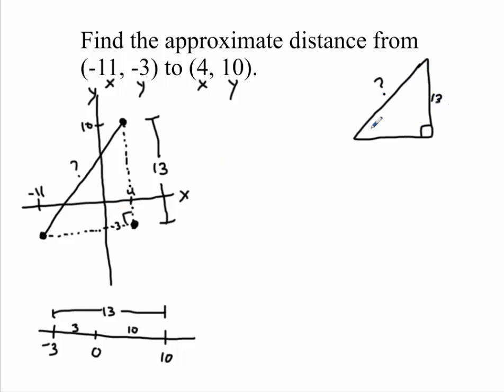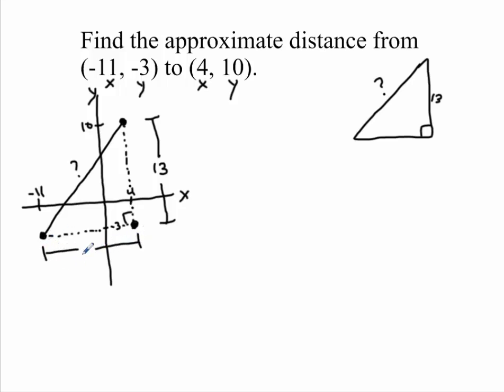And this is why I put this on the side, because it's a lot cleaner looking than this. It could get a little bit messy. And then I set it up again. I want to know the distance from here to here. Now this distance would be comparing the numbers -11 and 4.